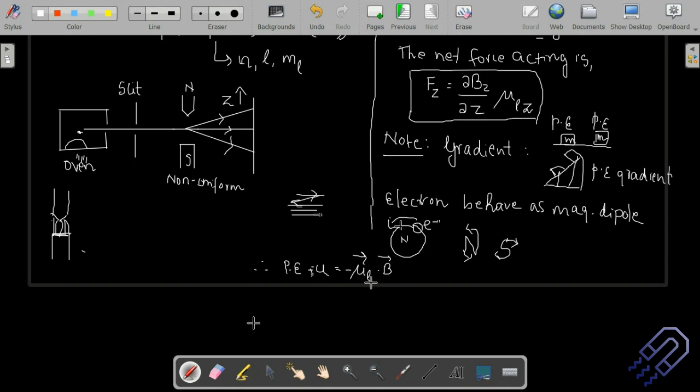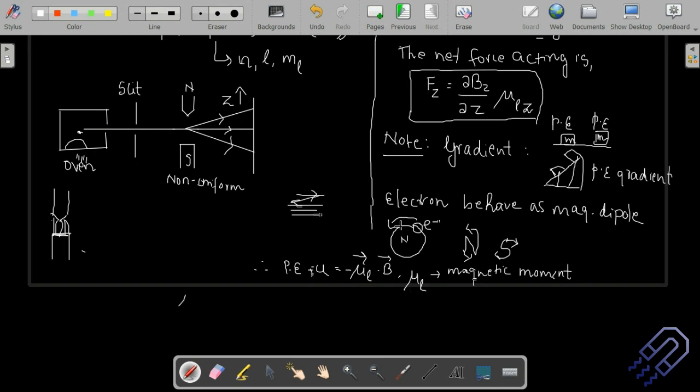You take the strength of the north pole or the south pole and multiply it with the distance between them. This is the general formula for the potential energy. This mu_L is also called the magnetic moment, an important term, which tells me about the strength of the field that it is creating.